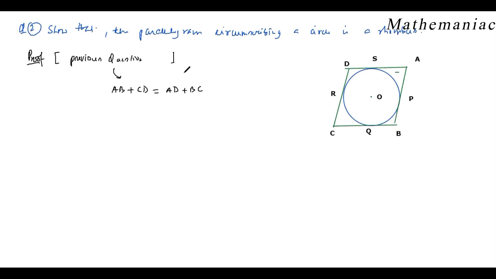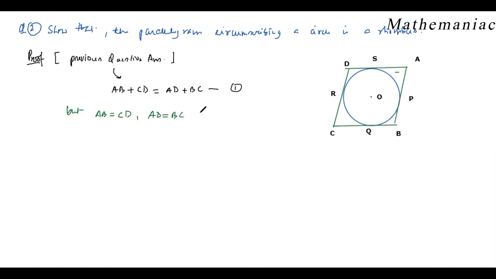Everything you have to write, remember it. Then you will come up to here, this you mark as 1. After that, what do you write? After that, you can write AB equal to CD, because it is a parallelogram, opposite sides will be equal. Also, AD will be equal to BC because it is a parallelogram.